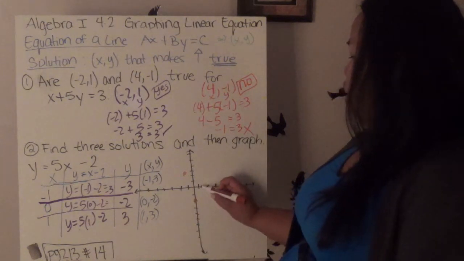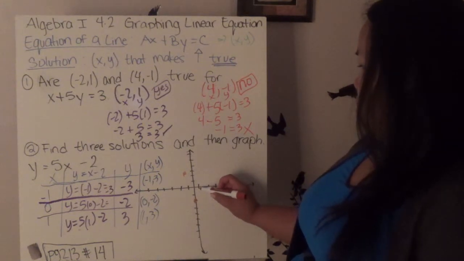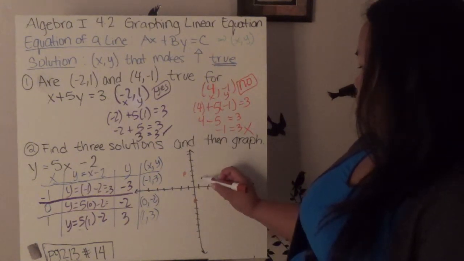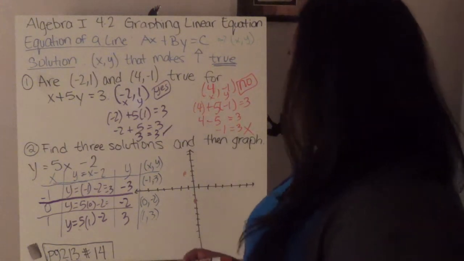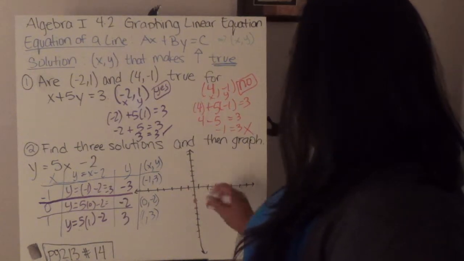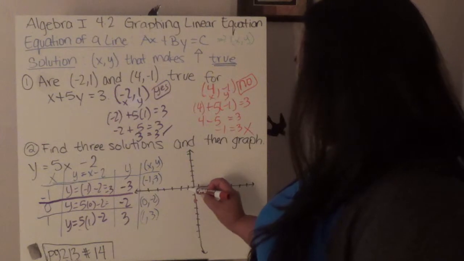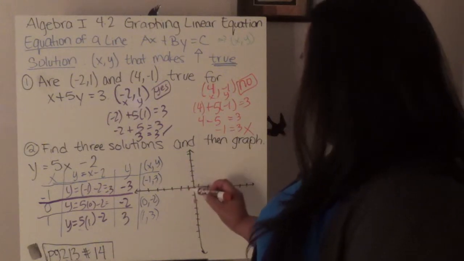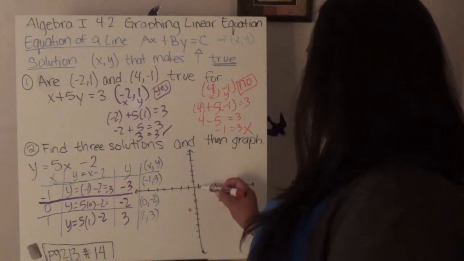So I go plus 1, up 3. No, something went wrong. They should be in a line. Oh, sorry. It's negative 1 here. Negative 1, but I also go negative 3. 1, 2, 3. So here's the point. And then I go plus 1, up 3.